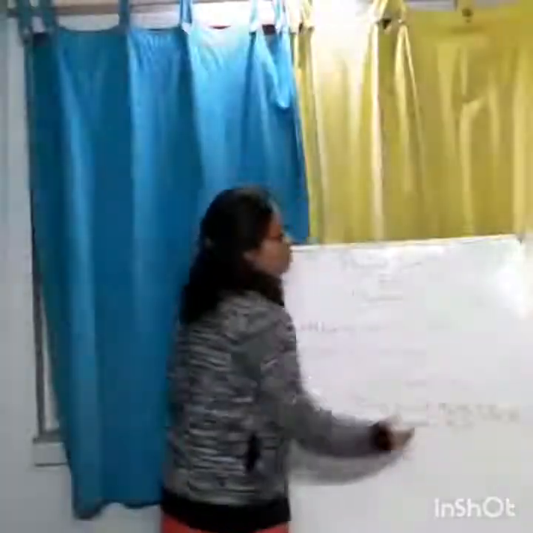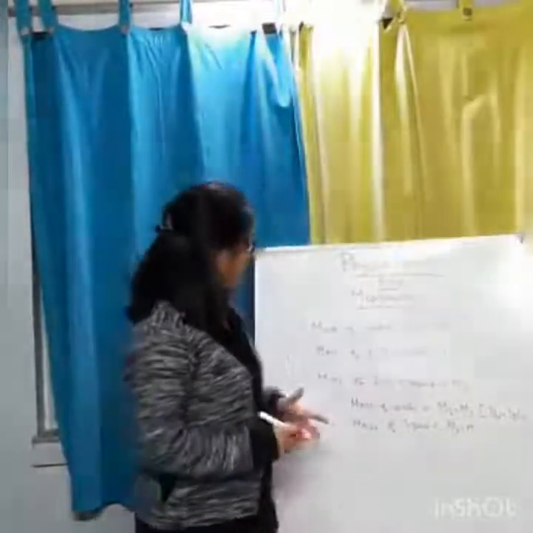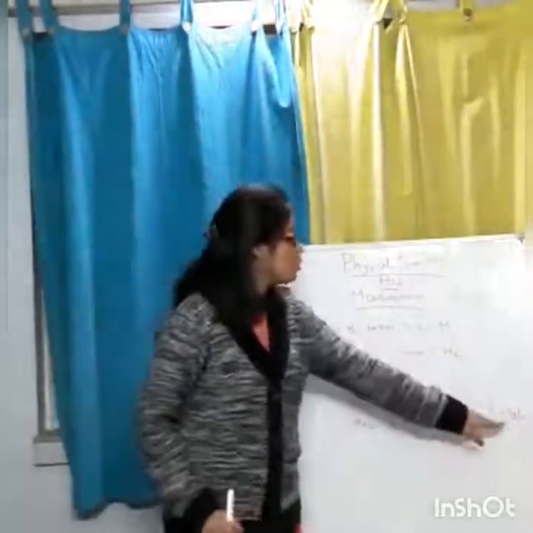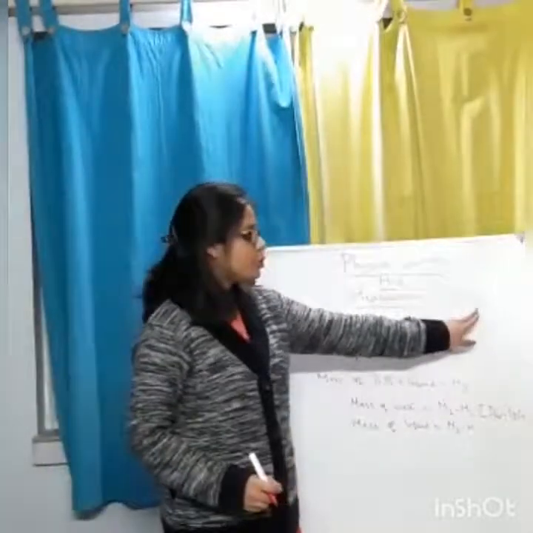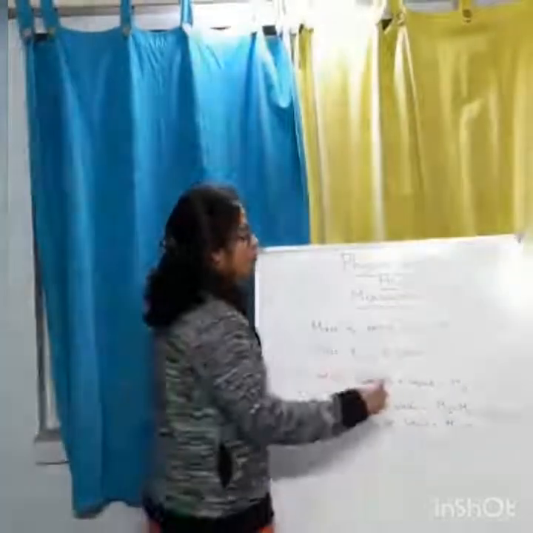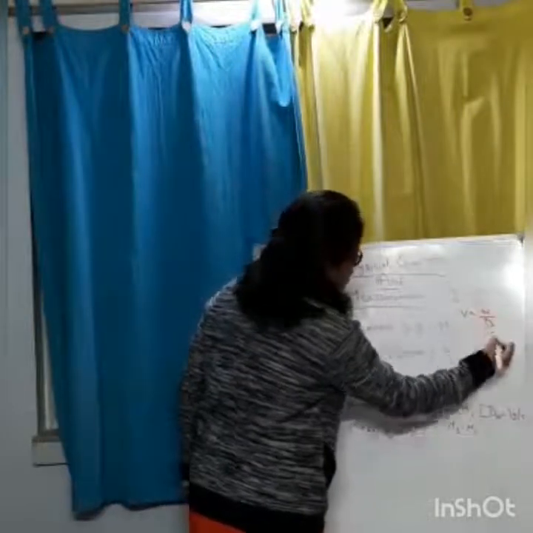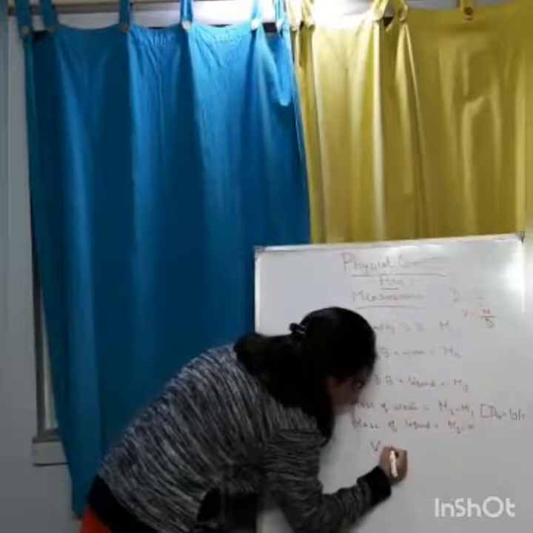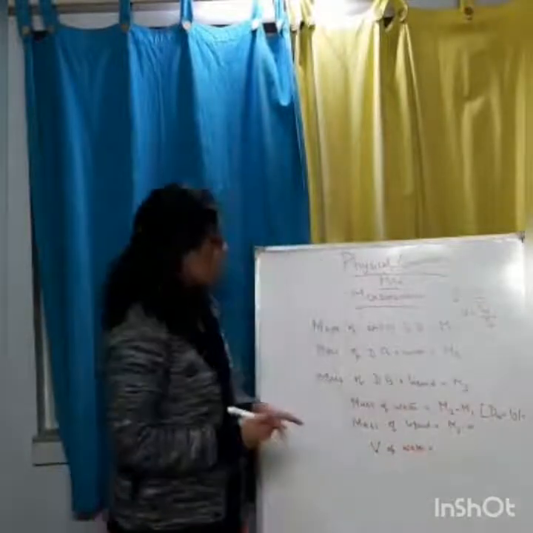From this, we have density is equal to mass by volume. We already have mass of water, which is M2 minus M1. We also have the density of water, which is 1 gram per cc. So if we substitute in this formula, we will have the volume of water will be equal to mass by density. So what will be the volume of water? Volume of water will be equal to, what is the mass of water?